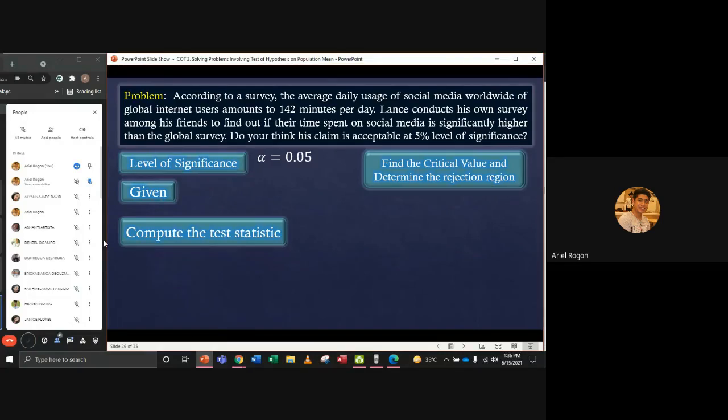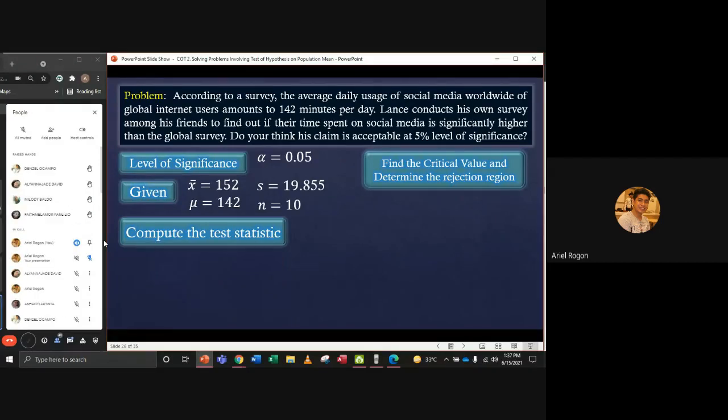And then, based on the given, what test statistic is applicable to be used in this problem? Baldo.